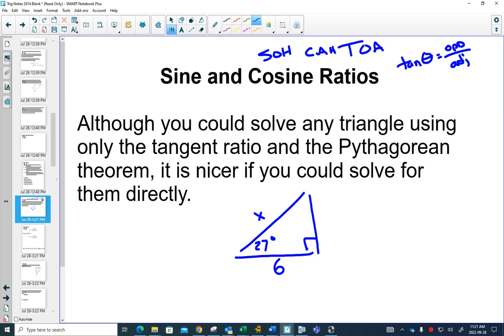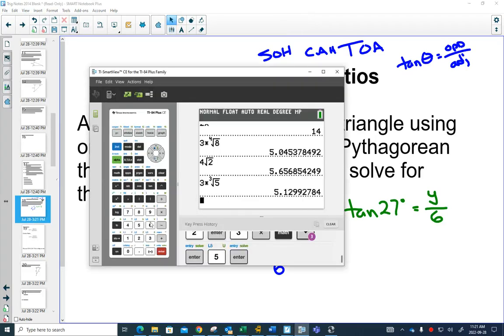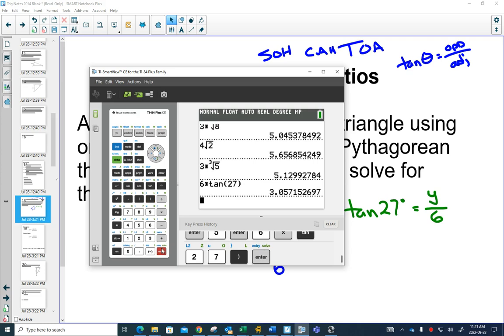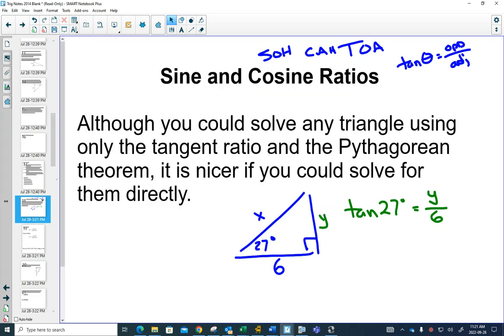Tangent of 27 degrees, TOA, is opposite over adjacent, so I could write the opposite here being, I guess I'll use the letter y, over 6, and then you could use your algebra to find out what y is. You'd have to multiply both sides by 6, and then you would get a number for y. And because your calculator has all the tangents memorized, I can go 6 times tangent of 27 and push enter, and it tells me that y would be 3.06.